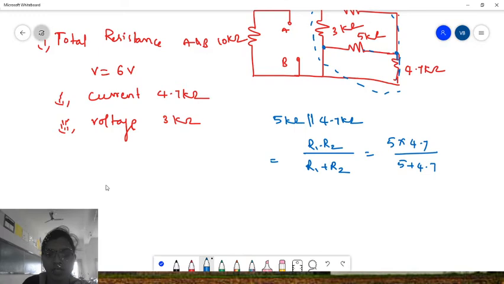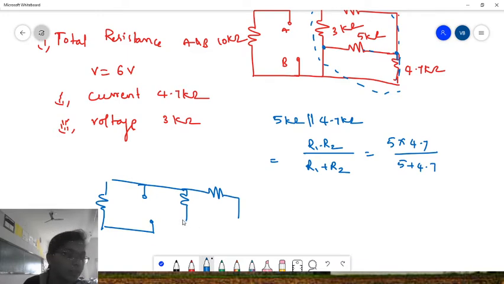So that reduced network I can draw like this. Here having a 10 kilo ohm resistor, and here are the terminals, and here you have a resistor, and here we have another resistor, and this will be solved to the single network. So I can connect like this.